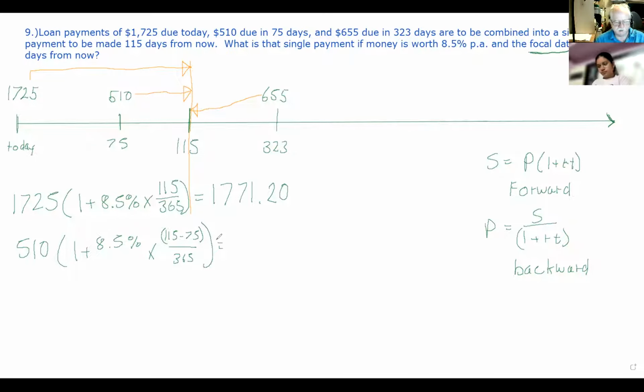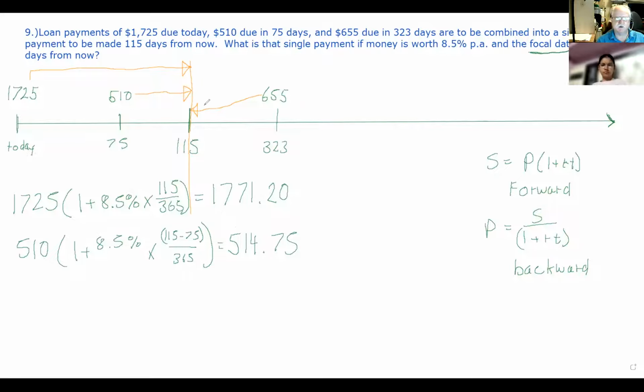So let's figure out what that becomes. 115 minus 75 divided by 365 times 8.5%, then plus 1 times 510, and I'm getting 514.75.